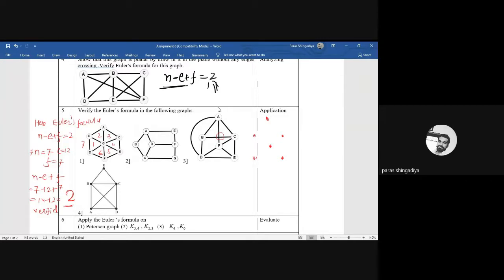Remaining. What about other students who are doing it, Astha, Ekta, Jaivik? Is there any problem?